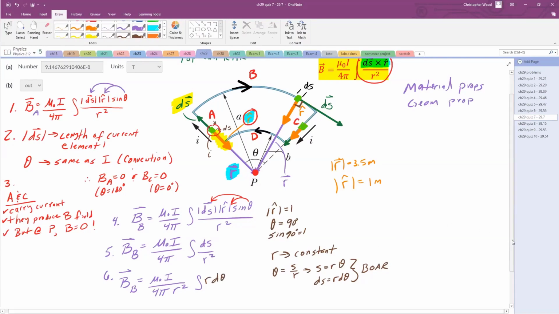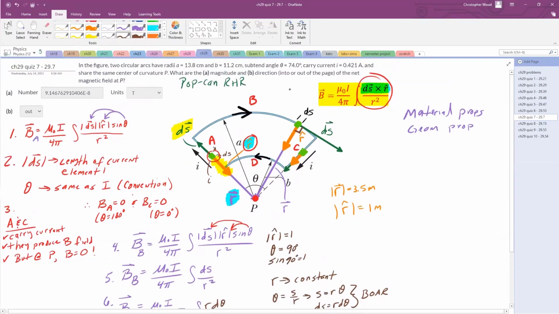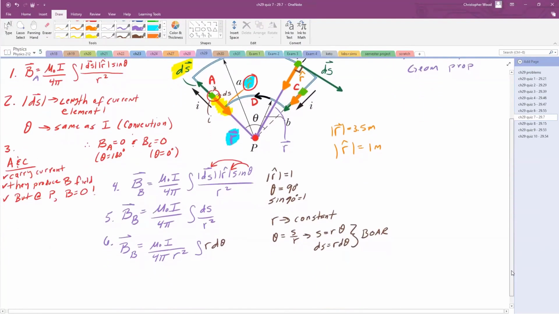Okay, and I think we're done, because I know my limits of integration. Theta is 74 degrees. Before I do that, let me do some more operational steps. The magnetic field at point P due to arc B is equal to mu naught I all over 4 pi r.